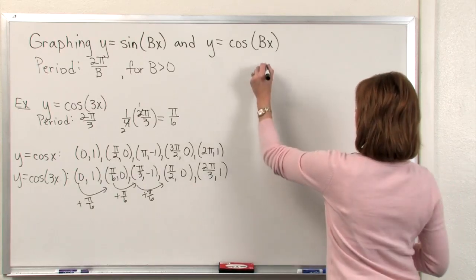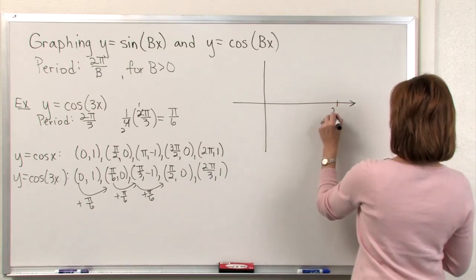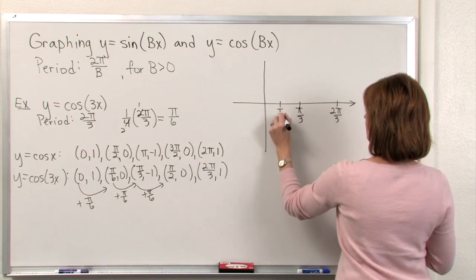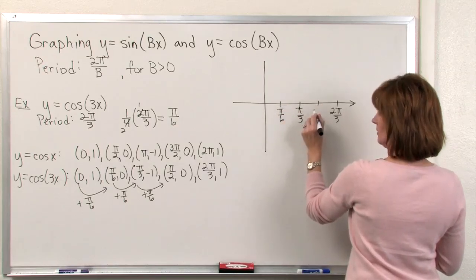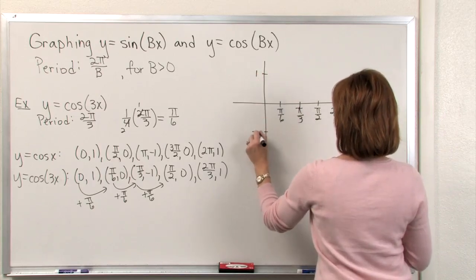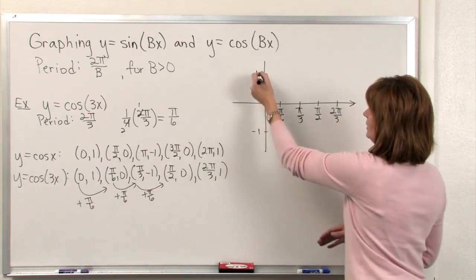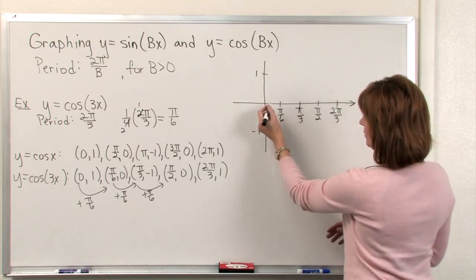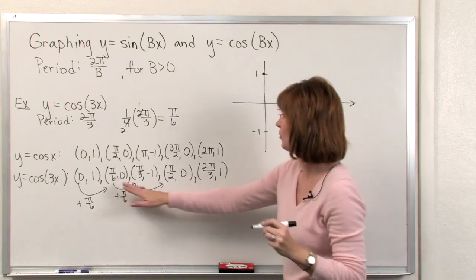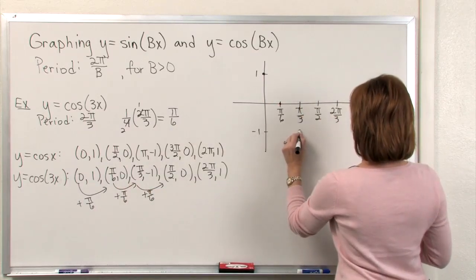Let's plot those points. So we have a period of 2 pi over 3. Notice the y coordinates are going to be 1 and negative 1. So the first point we want to plot is 0, 1. Then the next quarter point is pi over 6, 0. Pi over 3, negative 1.